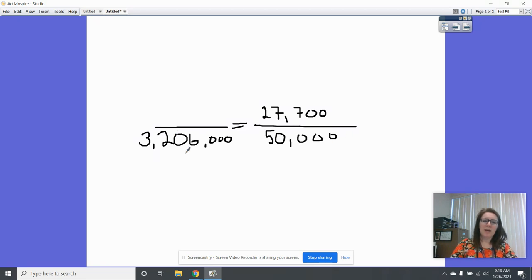So we have our total population. We have the total amount of people we asked in our sample, and it was a random sample. We have the total number of people who said, yes, I work during the daytime, which means that the answer we get is going to tell us approximately, or our prediction of how many people in the state work during the daytime. So I'm just going to use my fish method. I multiply diagonally across, then I divide to get my answer.